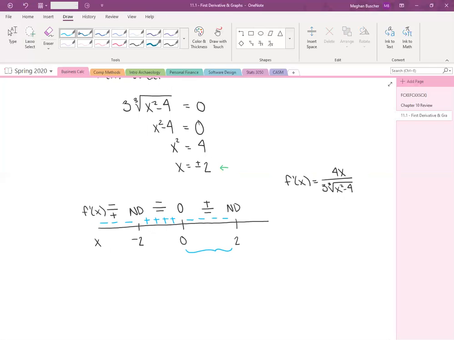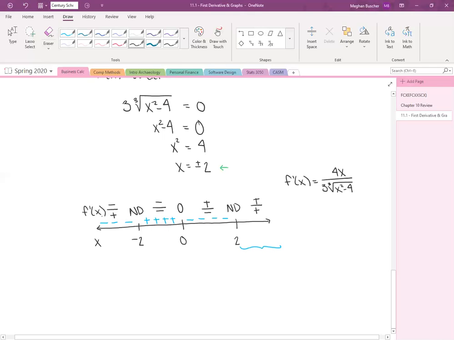Okay. And then our last interval, 2 to infinity. We already kind of have an idea of what it should be from these other ones, right? Yeah, it's going to be positive. It's going to be positive in the numerator, and it's still going to be positive in the denominator.